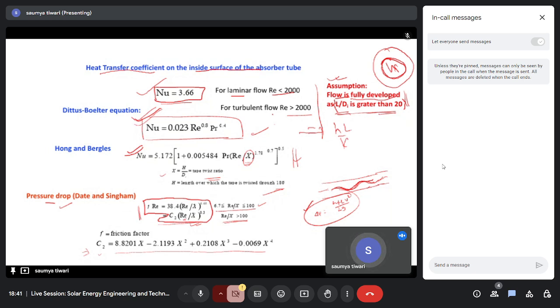And if we want to calculate the pressure drop, we already know how to calculate the friction factor, and from there we can calculate the pressure drop, which will be f L V squared by 2D. This also we have already seen in the air heater.